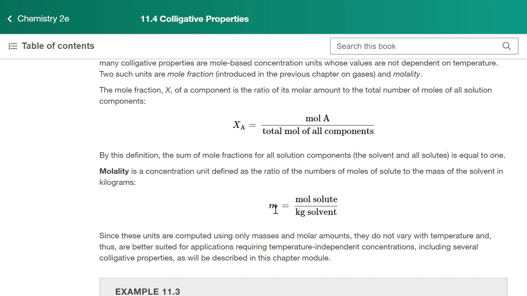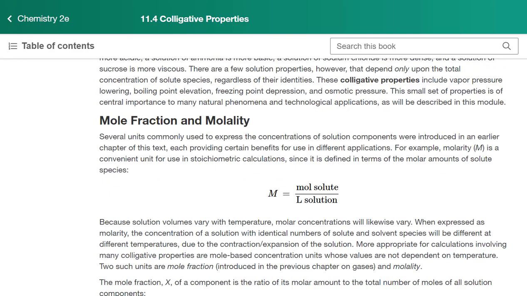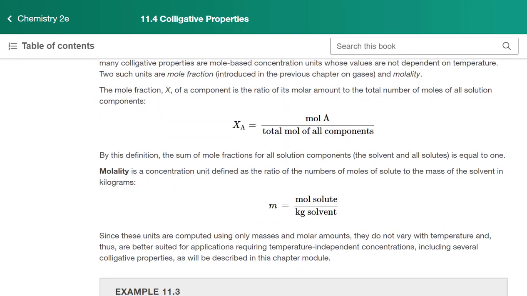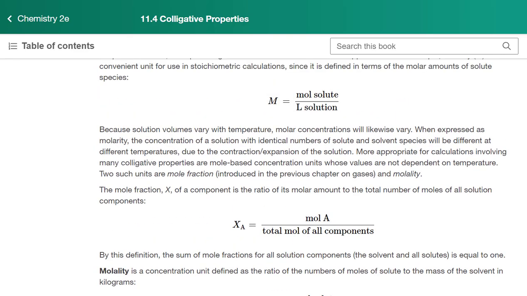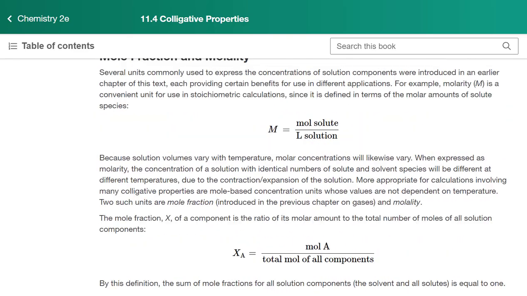Molality we abbreviate with a lowercase italicized m, whereas molarity we had abbreviated with an uppercase M. So just be aware of those distinctions, be aware of the differences between their units.